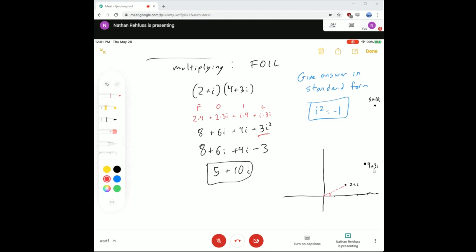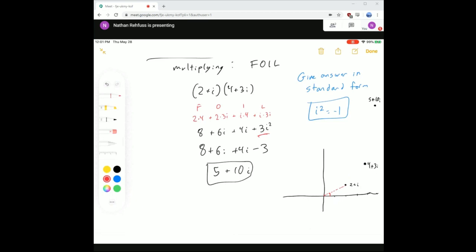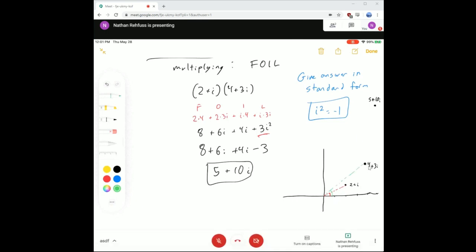And then 4 plus 3i, it's a slightly bigger angle. And the distance is going to be 5. 3 squared plus 4 squared is 5 squared. So this is a distance of root 5, and this is a distance of 5.